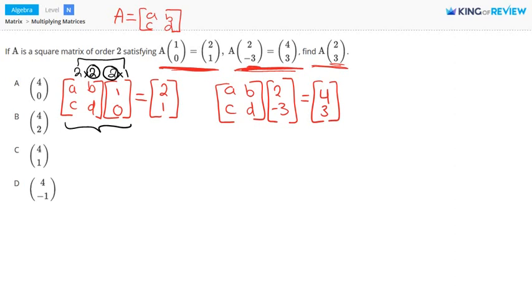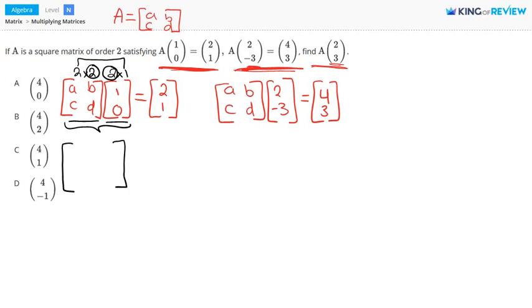So let's set up the math for this product. When we multiply matrices, we multiply corresponding entries in the first row of the first matrix times the entries in the first column of the second matrix, and then add these products together. Again, we know it's going to be a 2 by 1 matrix.